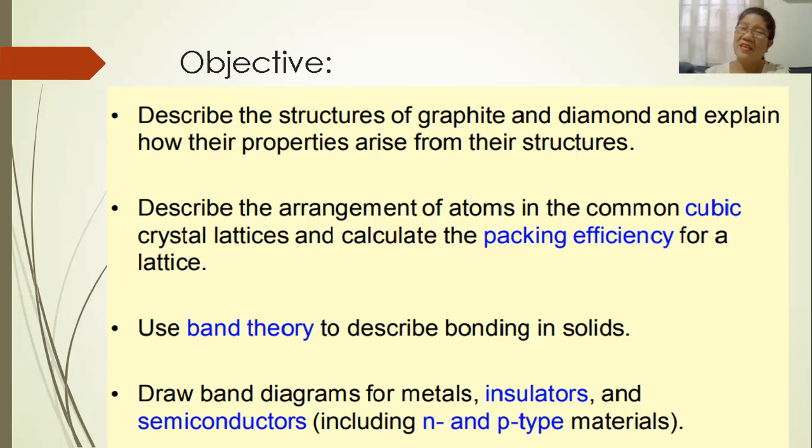There are 3 arrangements of atoms, and we will also look into their packing efficiency. We will also describe band theory, especially in solids. We are going to differentiate metals, insulators, and semiconductors, and look into their types and classification.